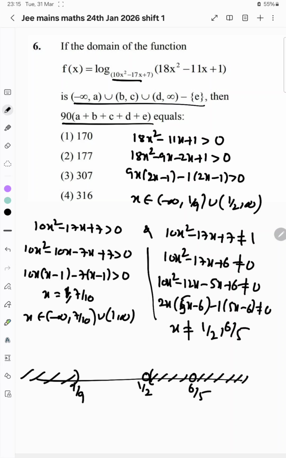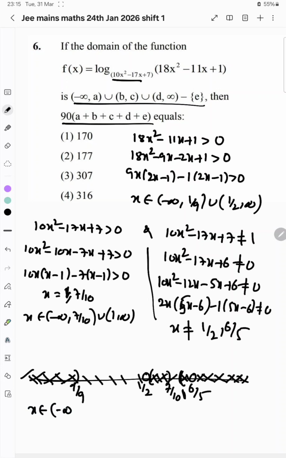Now from the second one, 7 by 10 and 1 only, no? 7 by 10 means 0.7, so greater than 1 by 2, the possibility is there, 7 by 10. So this side we can take all the possible values. Next, greater than 1, no? So 6 by 5 is there, 6 by 5 means greater than 1 only, so here only 1. So from here onwards we can take 1. This side I am taking. So these are all the possible common values. Now finally x belongs to where?